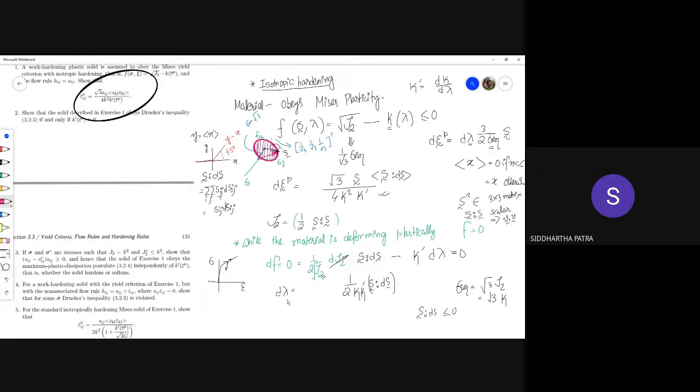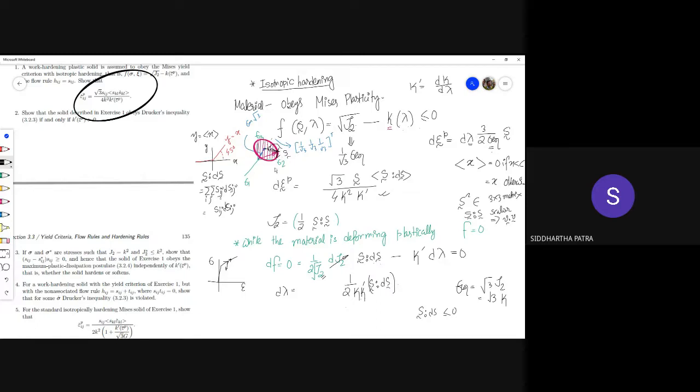And if your ds, differential change in S, is either tangential or going inside. If it is tangential, of course, then it would be normal to your S, because the deviatoric stress essentially represents the radius of the circle.